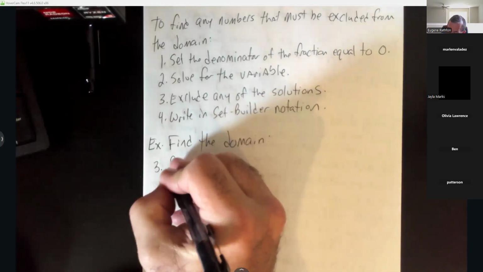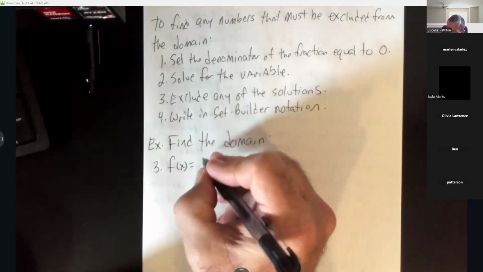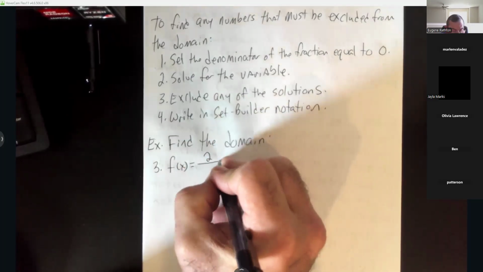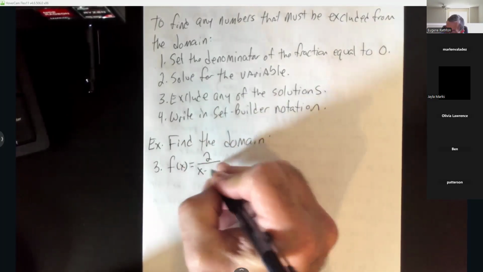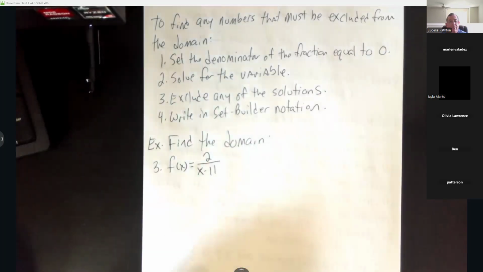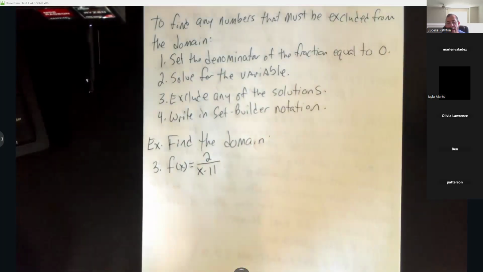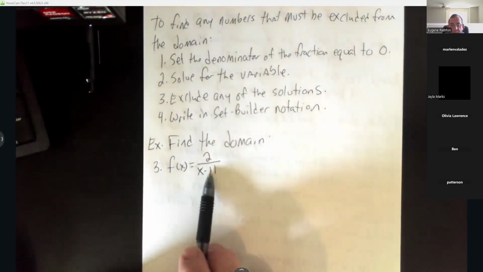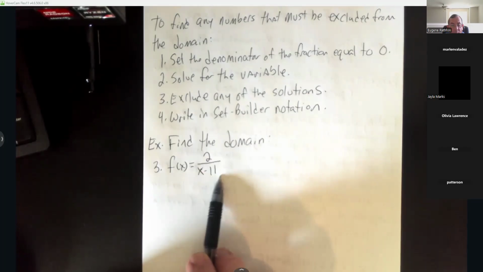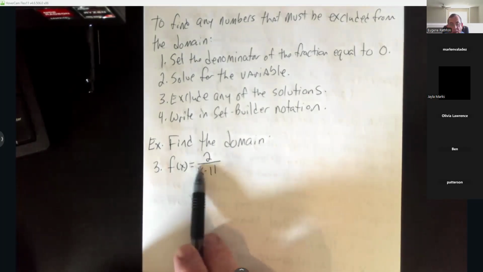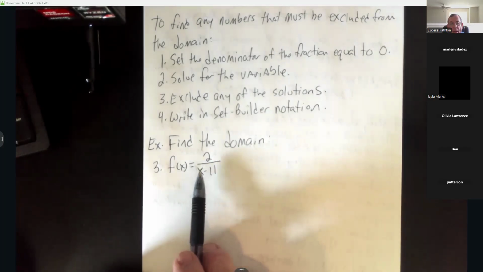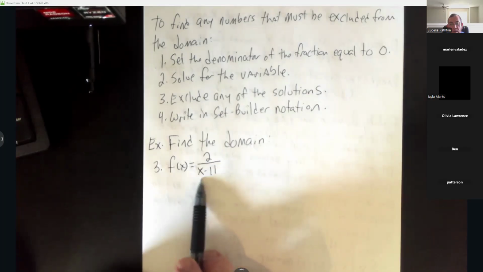Alrighty, so I got f of x equals 2 over x minus 11. So I do have a fraction, which means I got a variable in my denominator. So since I got a variable in my denominator, it's possible that there are x values that'll make that thing equal 0.